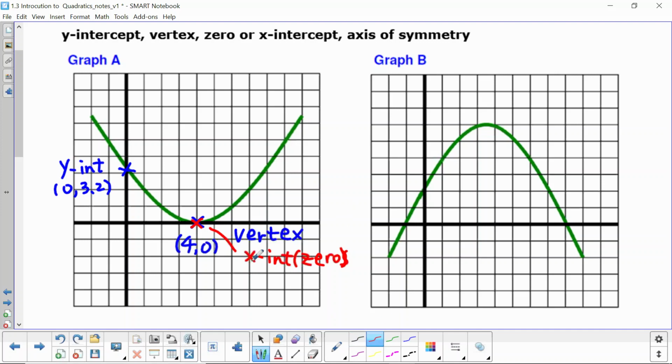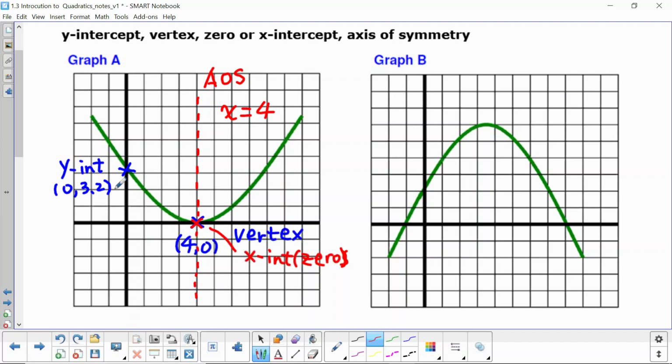And for the axis of symmetry, we are going to draw a vertical line here that passes through the vertex, and this line we call the AOS, axis of symmetry. The equation for this line is x equals 4.